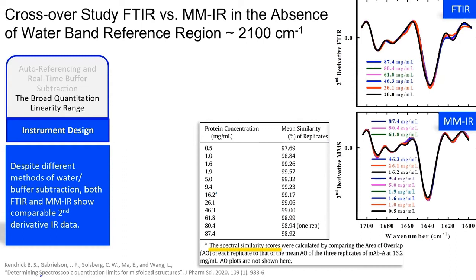What happens is, both by visual inspection and the similarity score in the middle table, despite different methods of water buffer subtraction, both methods showed comparable second derivative IR spectra. These compelling results suggest auto-referencing and the real-time buffer subtraction enabled MMIR to work equally well at low protein concentrations as at high protein concentrations.